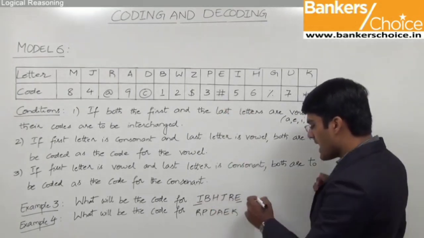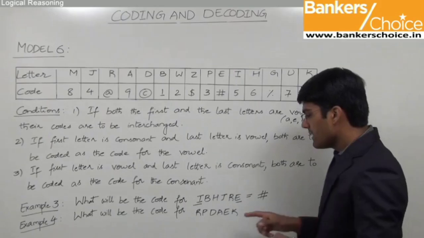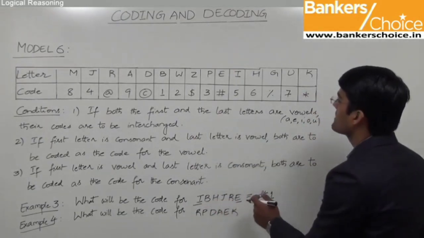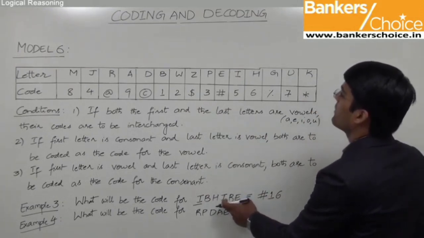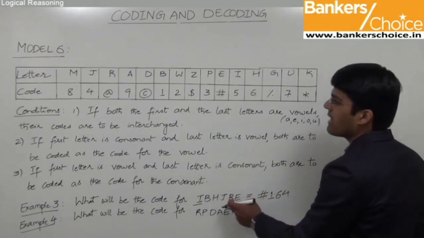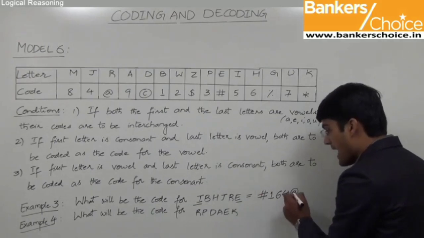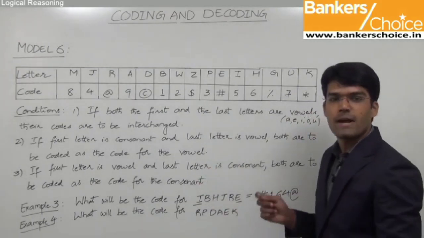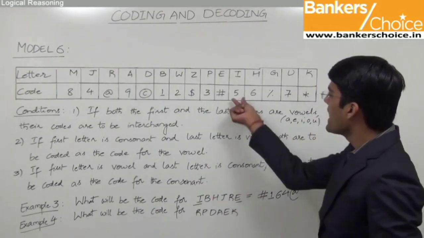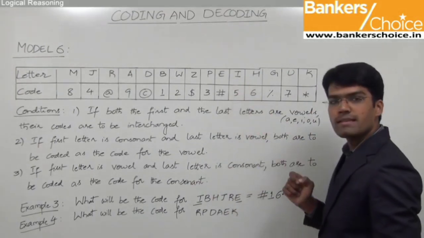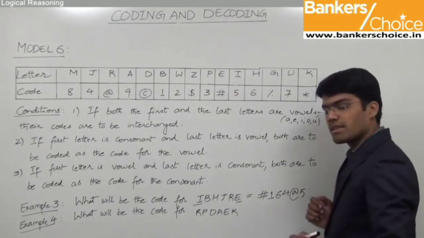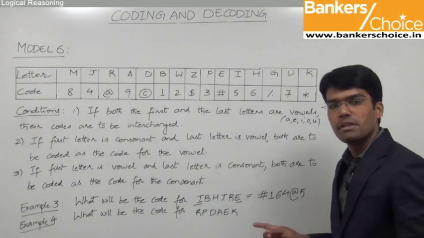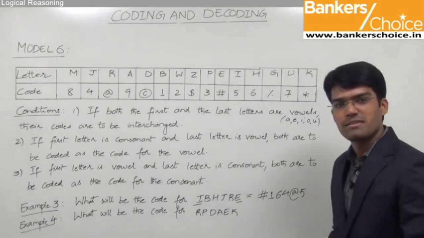So I is to be coded as hash, B is coded as 1, H is to be coded as 6, J is coded as 4, R is coded as @, and the letter E is to be coded as the code for I, because their codes have been interchanged. So E is to be coded as 5 because I is coded as 5. So that's how we get the answer for such a word where the first and last letters are vowels, simply by interchanging the codes for these two vowels.